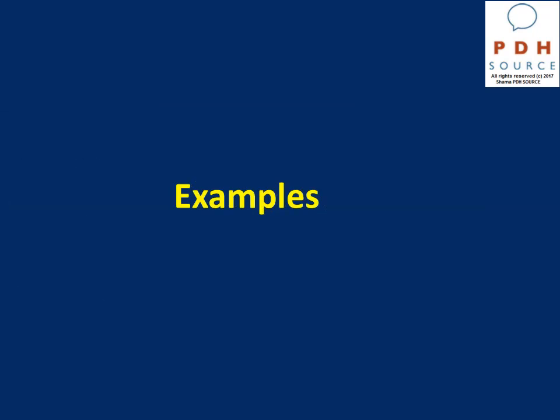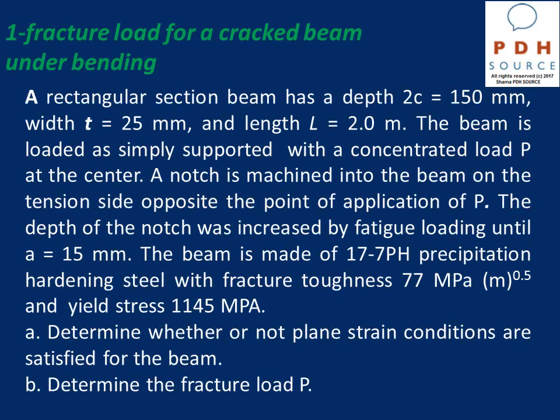Let's go through some examples. The first one is straightforward: fracture load for a cracked beam under bending. So we are given a beam with a rectangular section, 150 millimeter by thickness 25 millimeter.